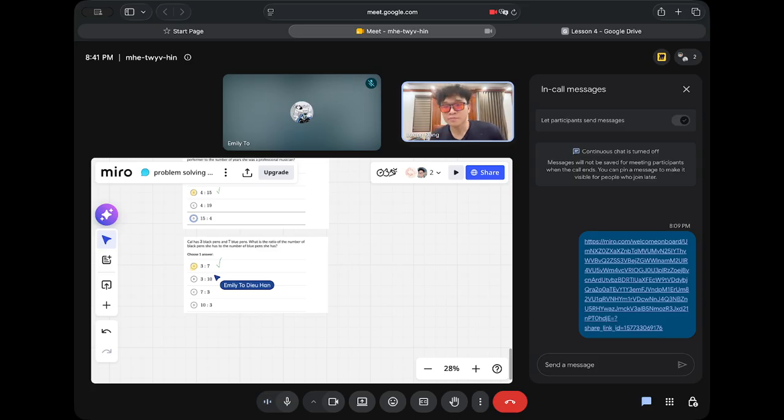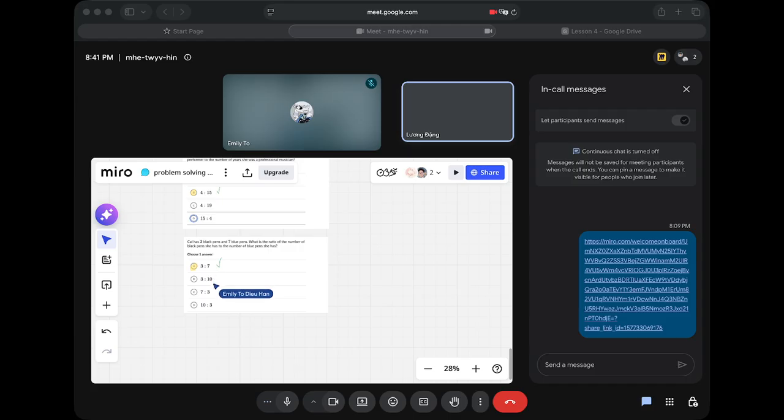Now, moving to a bit tricky part. A bit tricky with this.